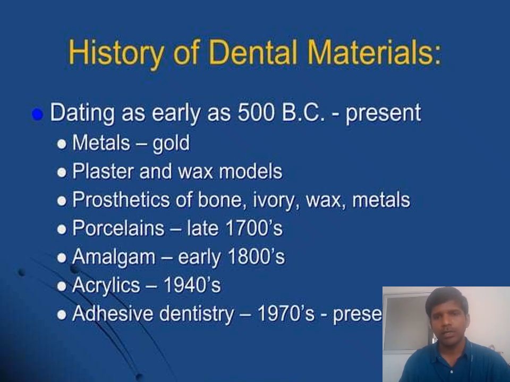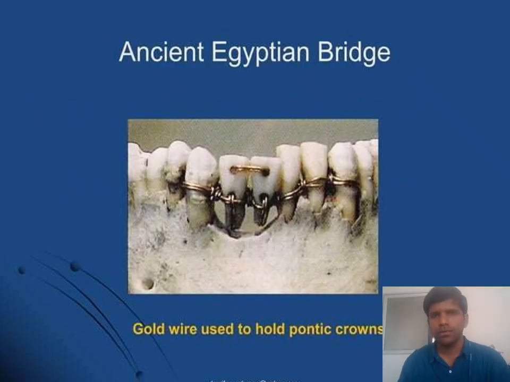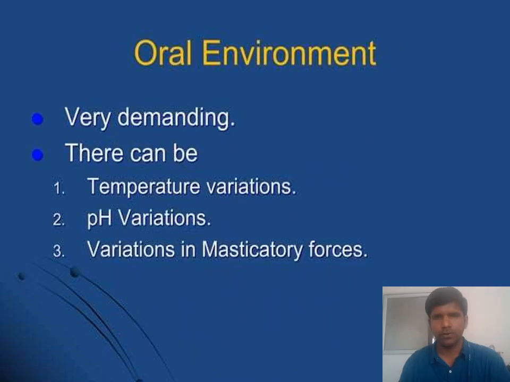Porcelain came into existence in the late 1700s, amalgam came into usage in the early 1800s, and acrylics came into usage in the 1940s, and from the 1970s, modern dentistry is present. So we see the ancient Egyptian bridge, which was seen in fossil findings. Gold wire has been used to hold pontics of the crowns.